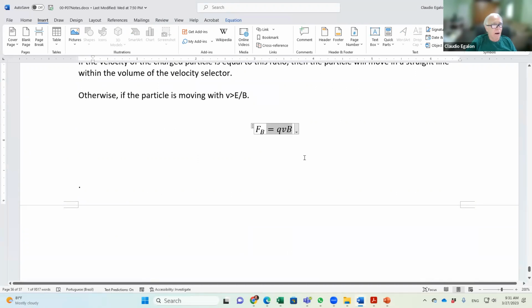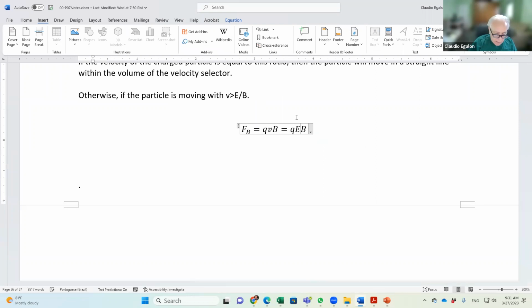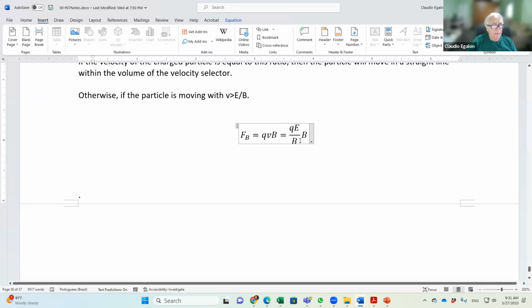And now, if V is greater than E over B, then we end up with QE. Let's see if I can do it in the right way so you can understand it.